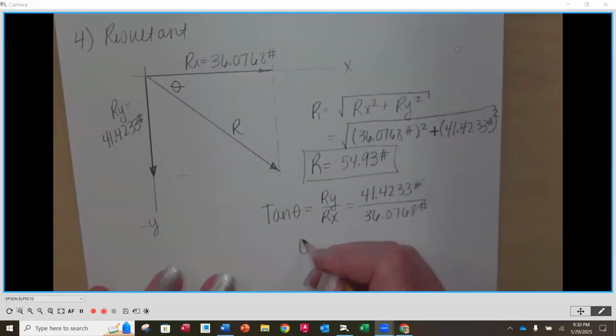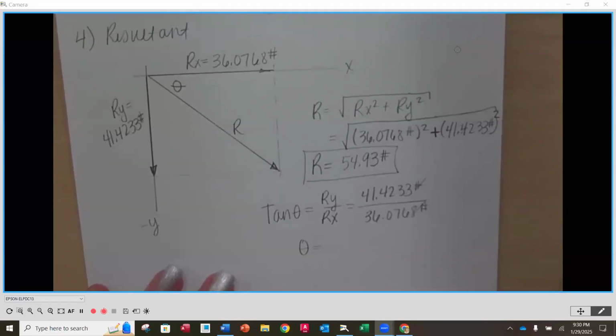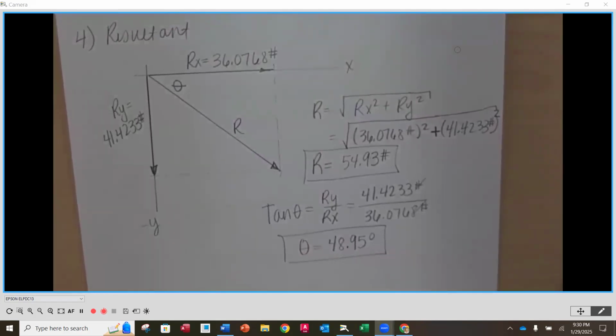Pounds cancel. 48.95. Yeah, that sounds right.